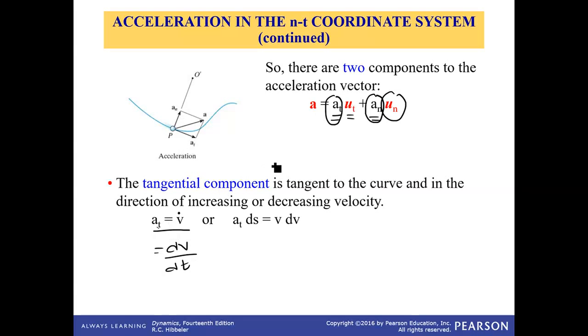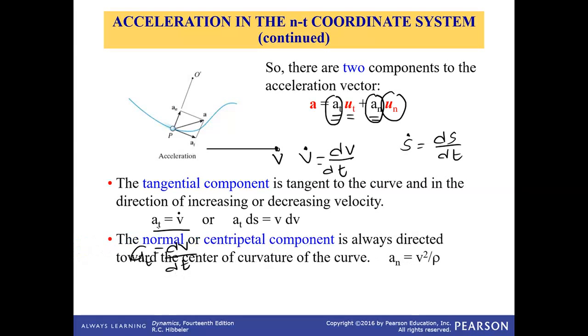In engineering dynamics and mechanics, whenever we put one dot on top of a variable, that means it is the first derivative of that variable relative to time. So v dot is dv by dt. If you write s dot, it is considered as ds by dt, and so on. And this is the equation for tangential acceleration.